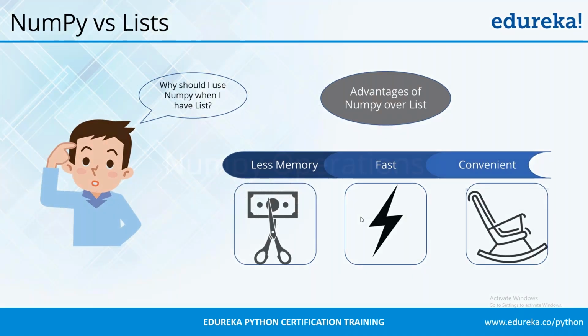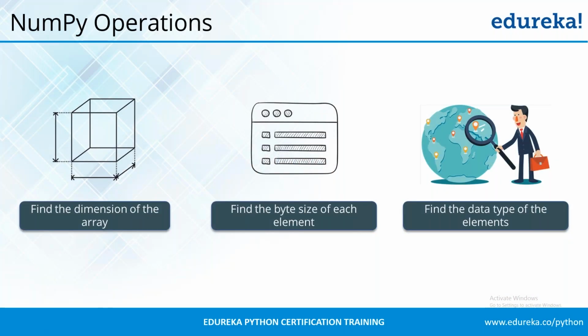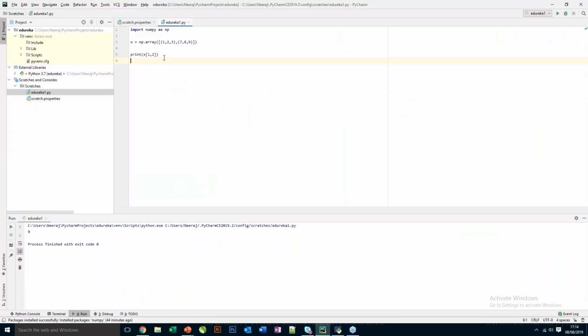Then we have multiple operations that we can perform on NumPy. We can find the dimensions, the byte size, and the data type as well. For example, let's say we want to find the data type for the elements that we have stored in the array.